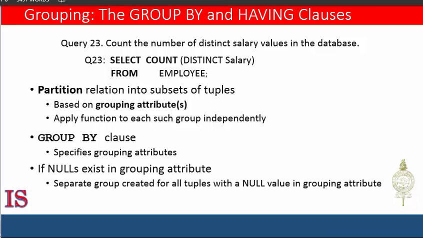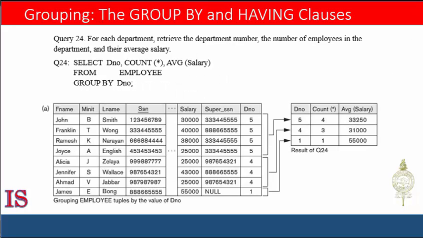SQL has a group by clause for this purpose. The group by clause specifies the grouping attributes, which should also appear in the select clause, so the value resulting from applying each aggregate function to a group of tuples appears along with the value of the grouping attribute. In Q24, the employee tuples are partitioned into groups, each group having the same value for the grouping attribute dno.